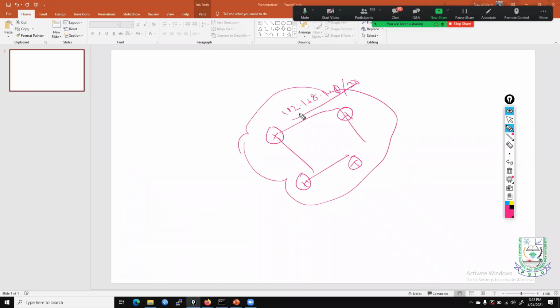Here we can use only two IP addresses, that is 1 and 2. The other two addresses we can't use: that is the network address, and the last one, the 3, is the broadcast address.